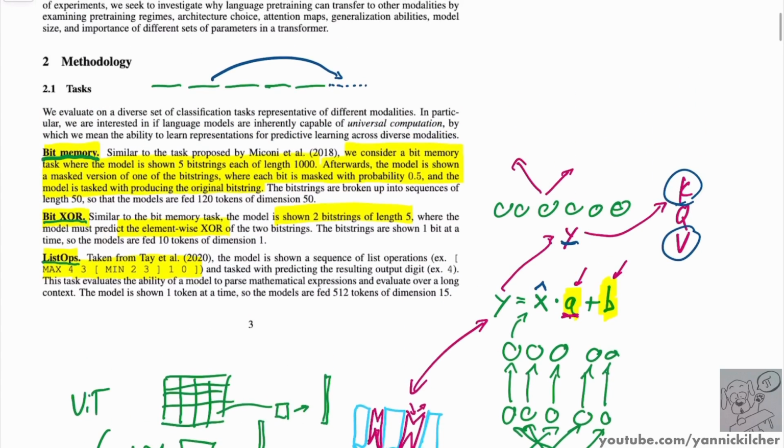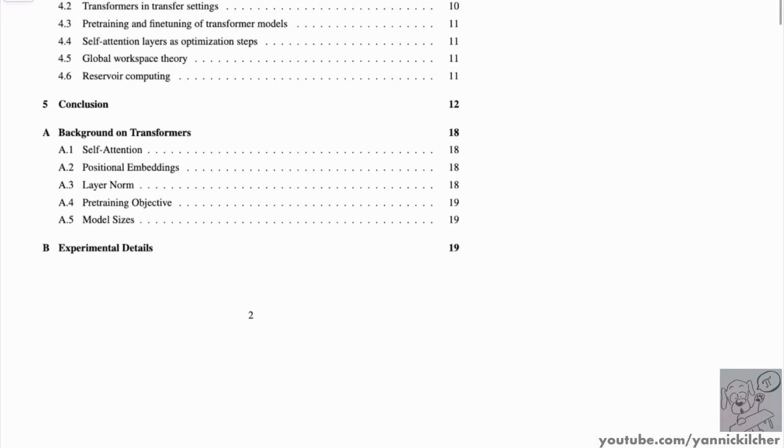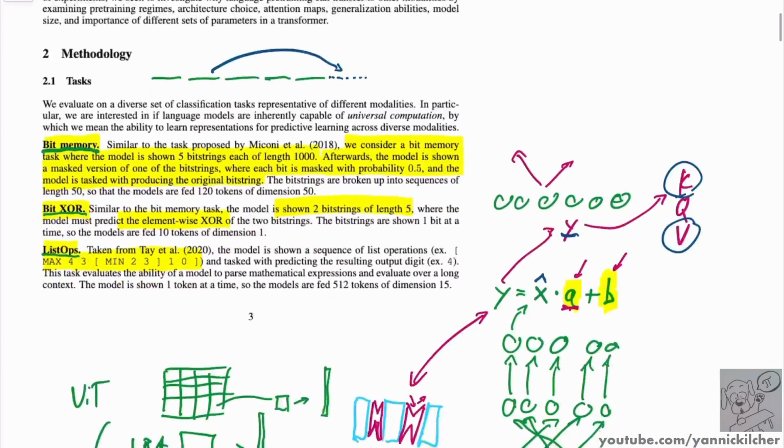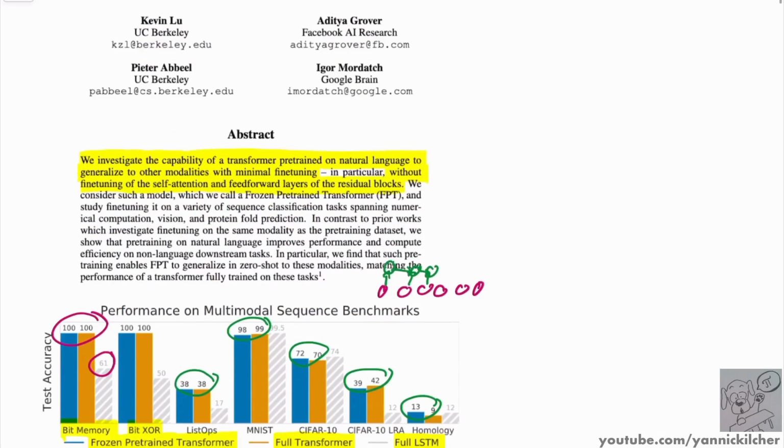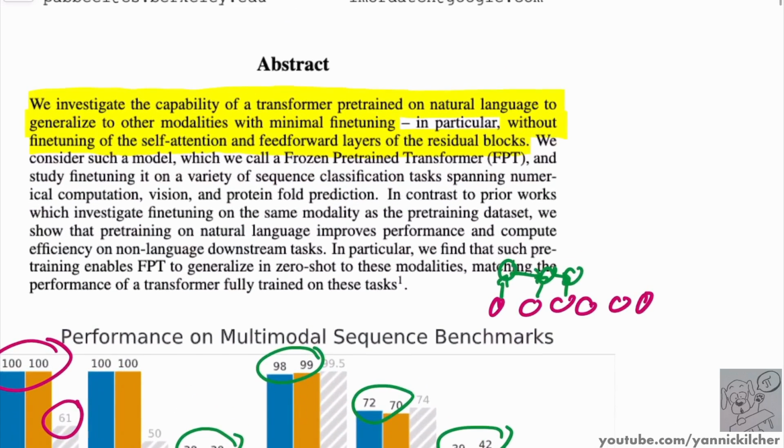So I think this whole notion of we don't influence the attention at all is not as clear-cut. It's true they don't change the attention parameters. However, they are able to influence how information is routed by changing the signal itself in these LayerNorm parameters. Also, they call it zero shot. They say it improves performance and compute efficiency on non-language downstream tasks. In particular, we find that such pre-training enables the frozen pre-trained transformers to generalize in zero shot to these modalities. Zero shot, I think that's a bit of an overclaim.